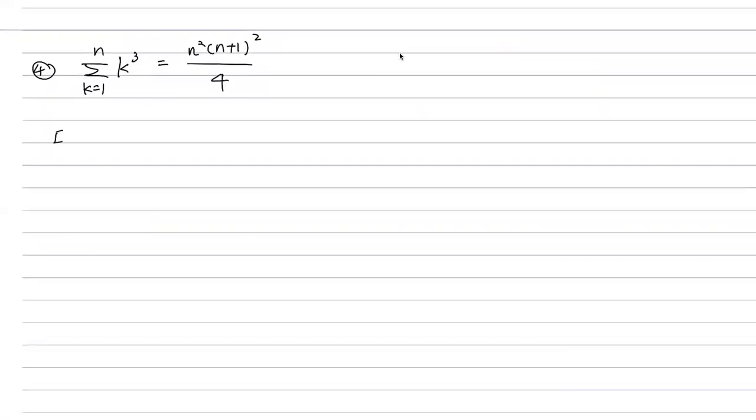For example, if we want to find the summation k go from 5 to 10 of k squared, of course you can do 5 squared plus 6 squared plus all the way to 10 squared. That's fine. But if I change that into 5 to 100, then that will become a little bit more difficult to do.